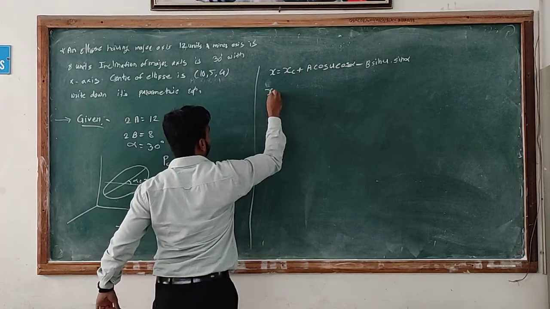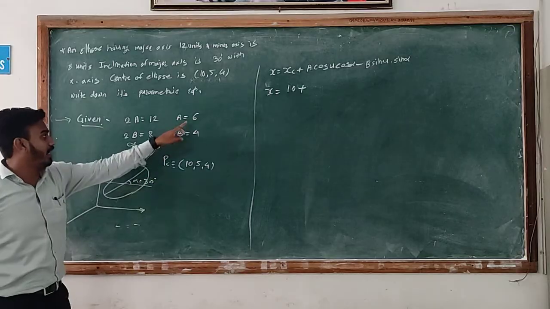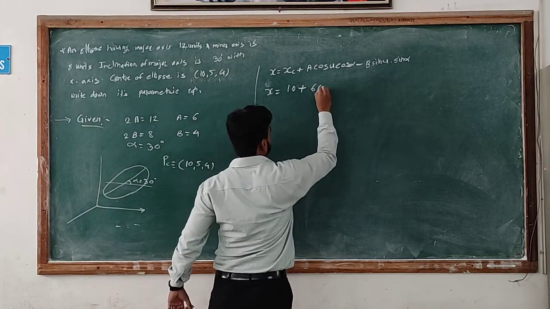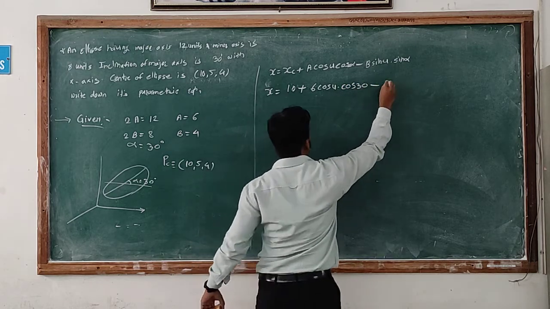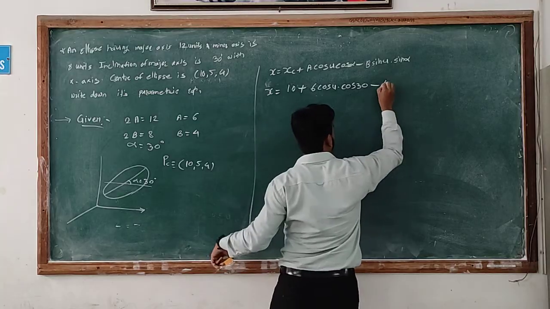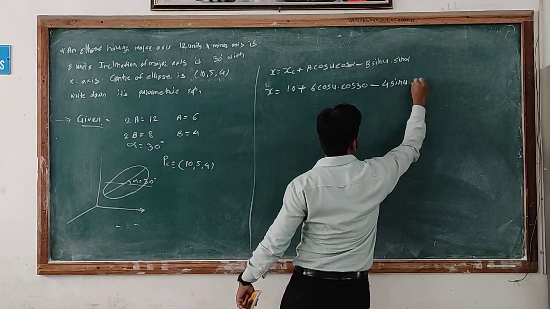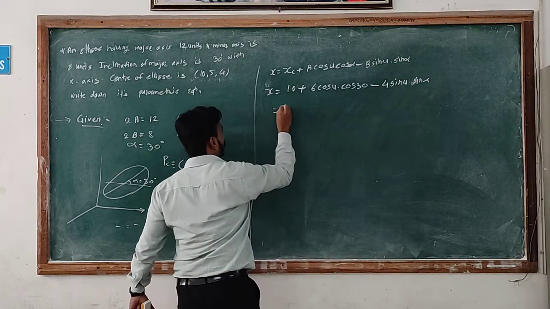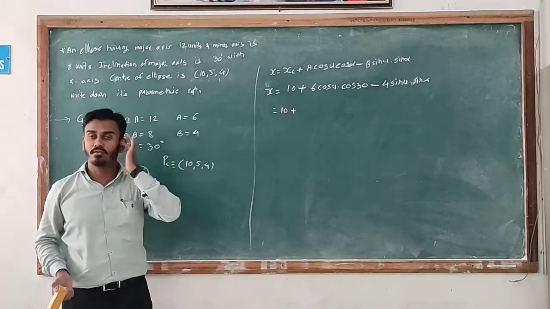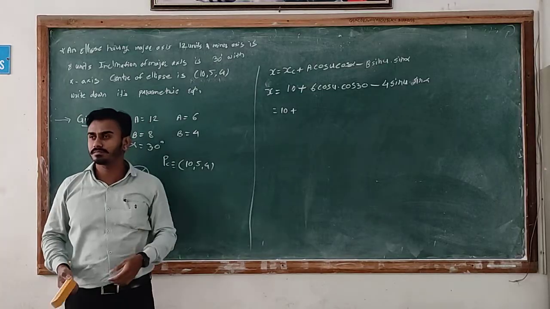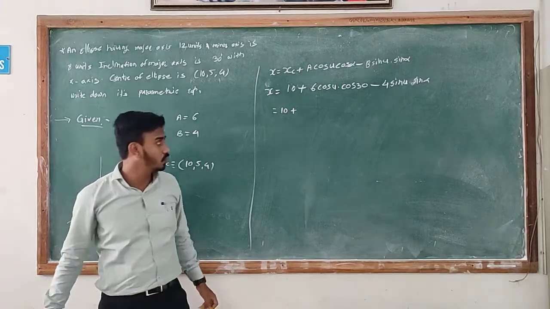We will write x is equal to xc, xc is 10. So 10 plus the value of a, which is 6, into cos u into cos 30, minus what is the value of b? b is 4 here. So b into sin u into sin alpha. So 10 plus 6 into cos 30. Cos 30 is root 3 by 2.